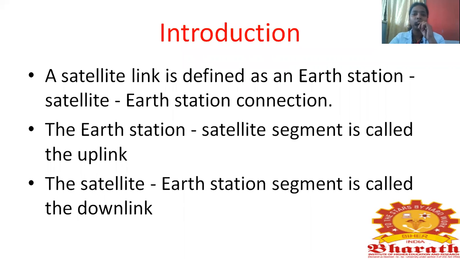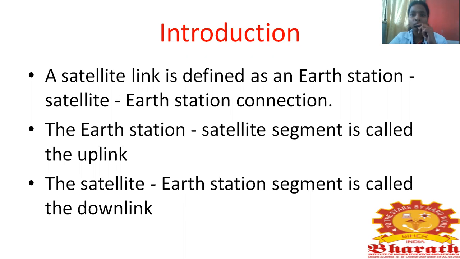A satellite link is defined as an Earth station to satellite and again satellite to Earth station connection. And this can be further subdivided into two parts. The first one is the Earth station to satellite link, and the second one is satellite to Earth station. Here you are going to send the information from the base station, which is what you call an Earth station.